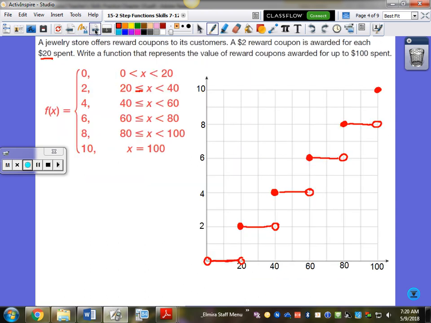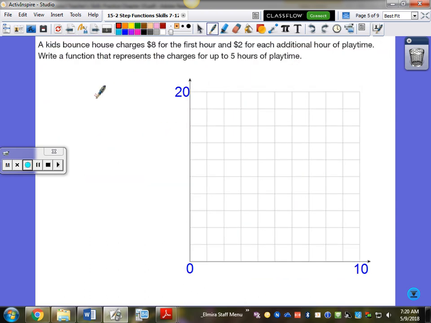Whoops, wrong way. Okay, a kid's bounce house charges $8 for the first hour and $2 for each additional hour of playtime. Okay, so I put in some. Let's fill this out with a graph. Okay, so this is hours of play.